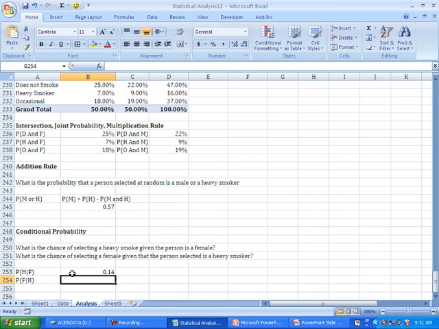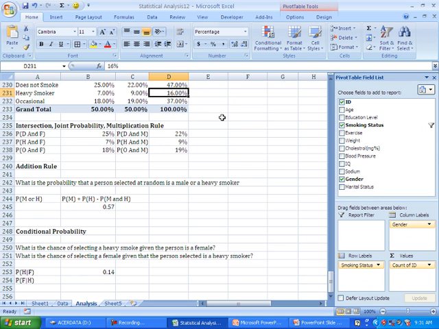Now try to do the same logic. Given that the person is already a heavy smoker, only 16 people. So that selected person could be only from this lot of 16. Right? We are saying what is the chance of selecting a female.